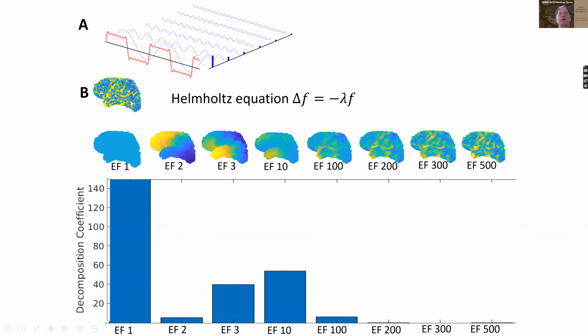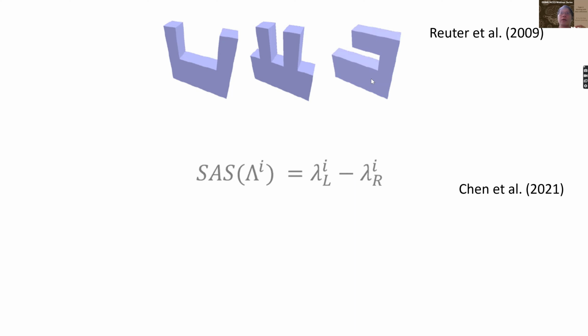In our study, we focus on the shape of the cortex. This is because if we look at these three objects, it's clear that they have the same volume, but their shapes are different. And previous studies also found that shape is more sensitive than other size-related indices like cortical thickness, surface area, or volume.